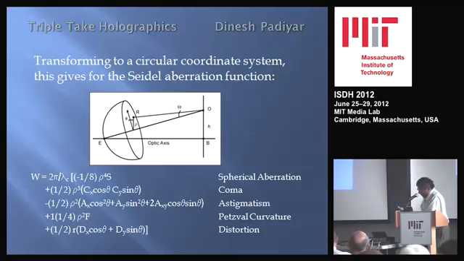For coma, if both reference and reconstruction beams are collimated, then the ratios XC to ZC and XR to ZR are used as tangents of the angle, because when you're collimating, there's no source for these beams, so you use the angles of the beams. Coma can be made to disappear if both reference and reconstruction beams are collimated and the object is directly in front of the medium.